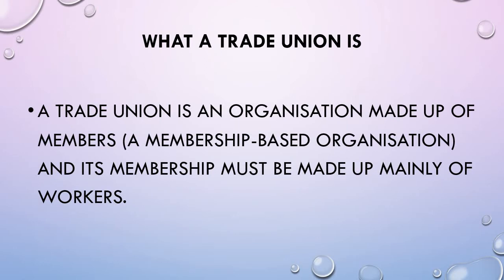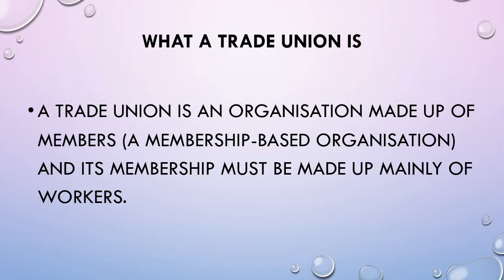So, what is a trade union? A trade union is an organization made up of members, a membership-based organization, that means its membership must be made up mainly of workers. One of a trade union's main aims is to protect and advance the interest of its members in the workplace.